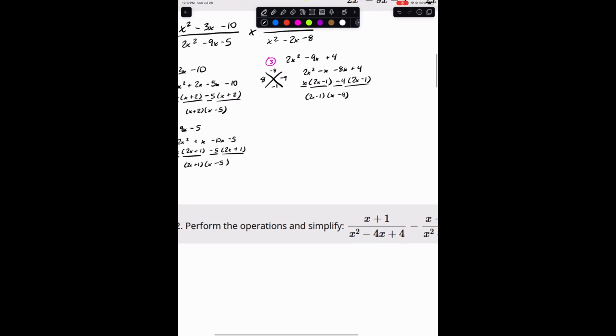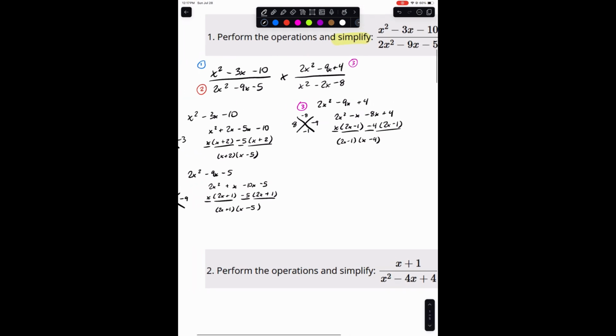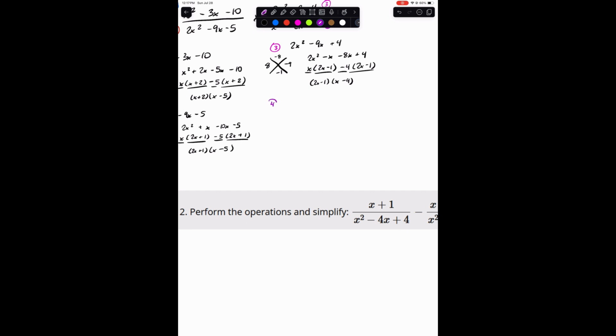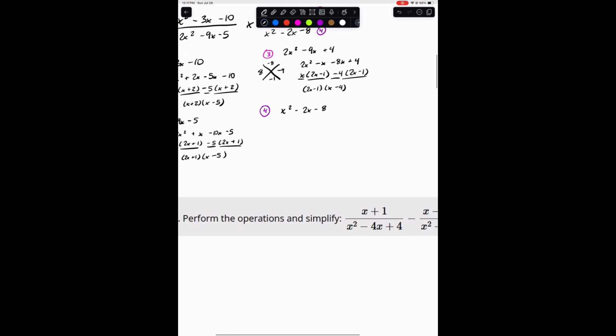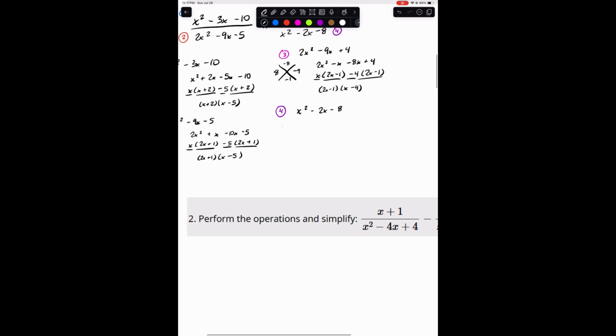Okay. And now, we can do our last polynomial, which is x squared minus 2x minus 8. I'm blanking. Okay, we need two numbers that multiply to negative 8 and add to negative 2.